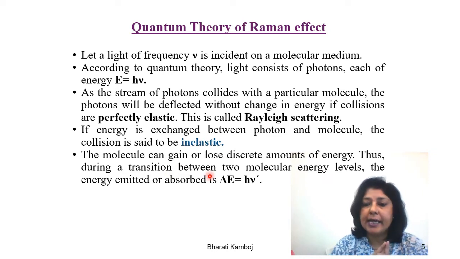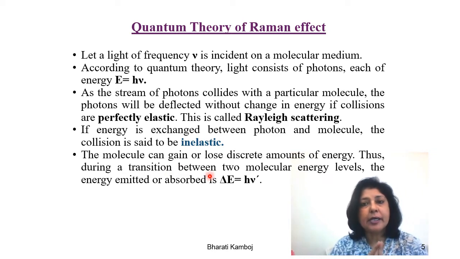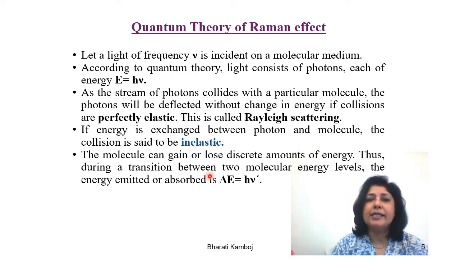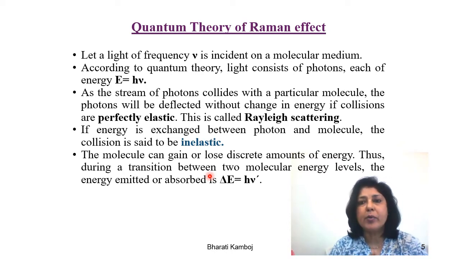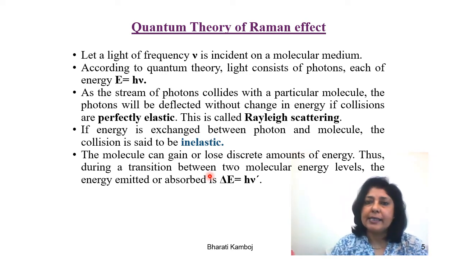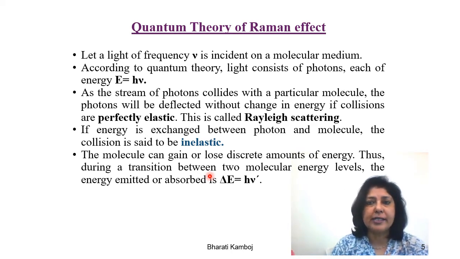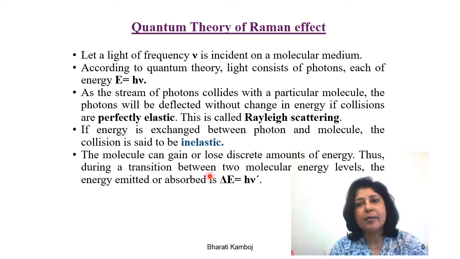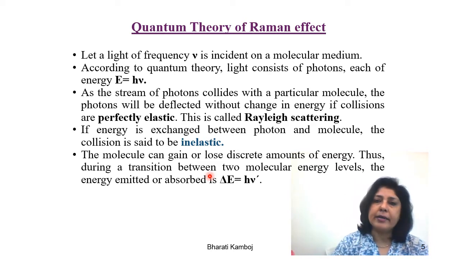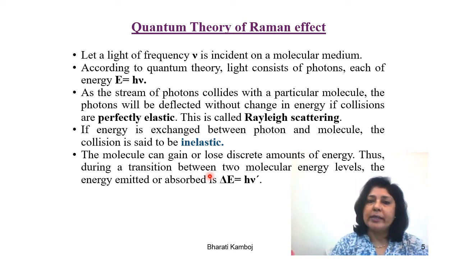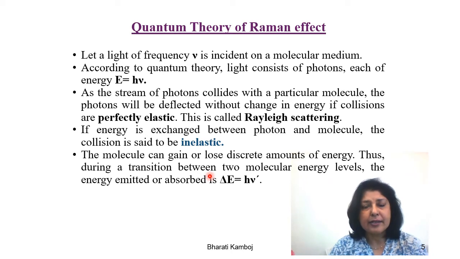So, three things can happen. The photon collides with the molecules and gets scattered without any change in its frequency because the collision was elastic. But if the collision was inelastic, the photon will get scattered with a change in its energy and a change in its frequency. The frequency may increase or decrease depending upon whether the photon has gained energy or lost energy.